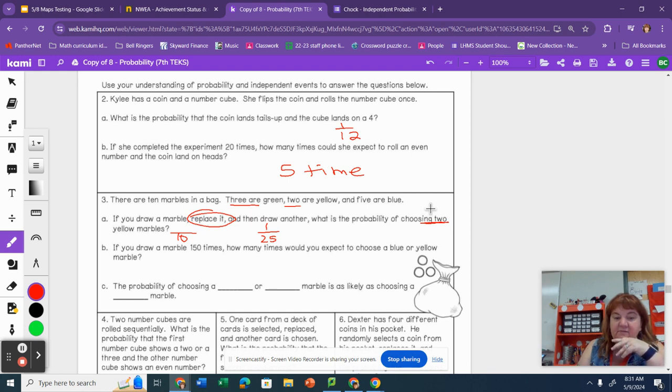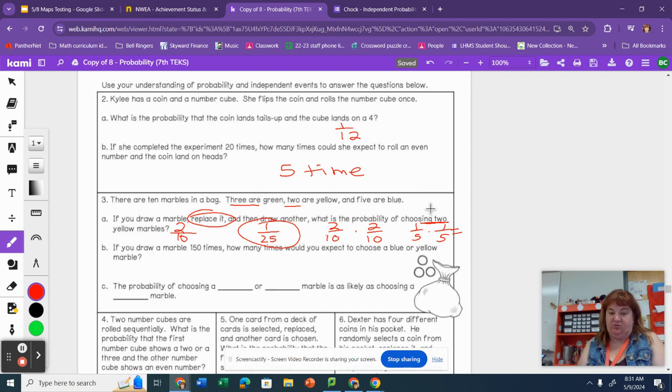What's the probability of choosing 2 yellow marbles? So you have 2 out of 10. So 2 out of 10 times 2 out of 10. Oh, that reduces to 1/5. So that's 1/5 times 1/5. And that's how we get the 1 out of 25. Okay, I spent way too much time on that.